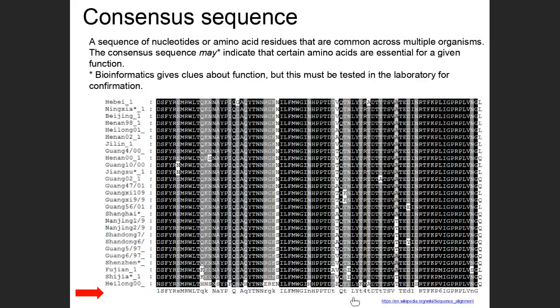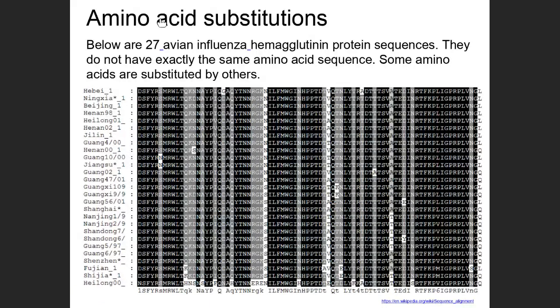And here I'm starting to tell you the idea that there are amino acid substitutions. So here a serine is substituting for an asparagine. So wherever the amino acid doesn't agree, then we call that a substitution.